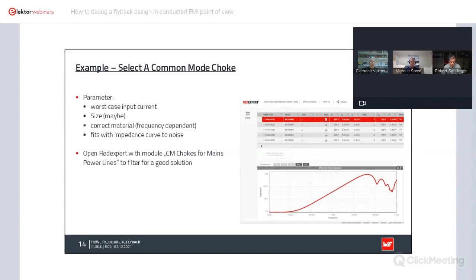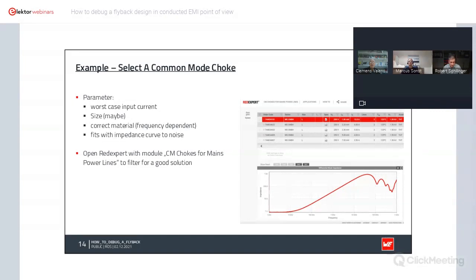How can we select such a component? We have a lot of possibilities. For this, I will use the worst case input current I calculated a few slides before. Then I try to reduce the size of the component to a minimum, because often you have no space in your design.